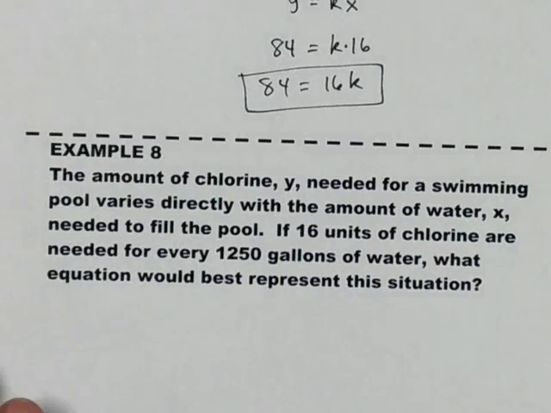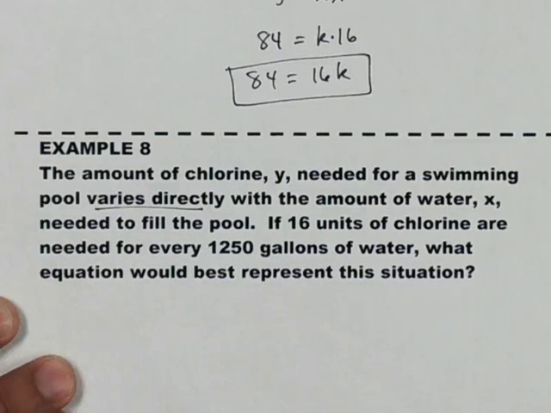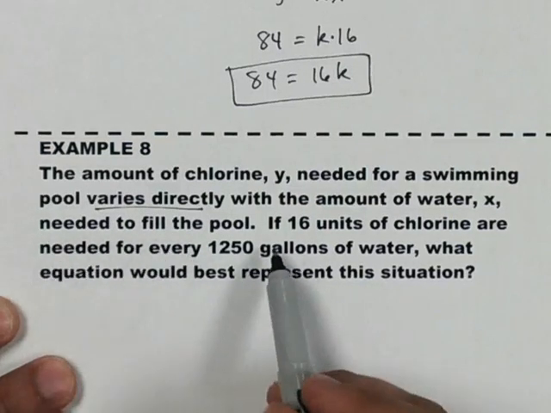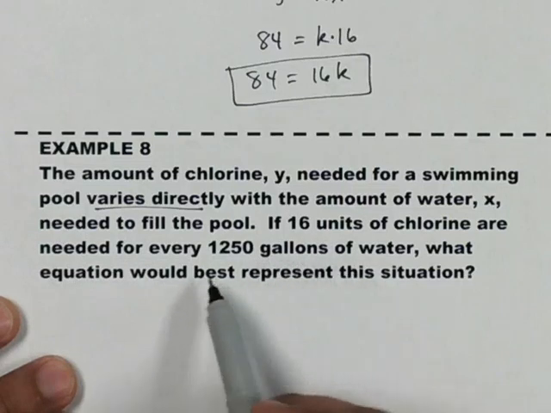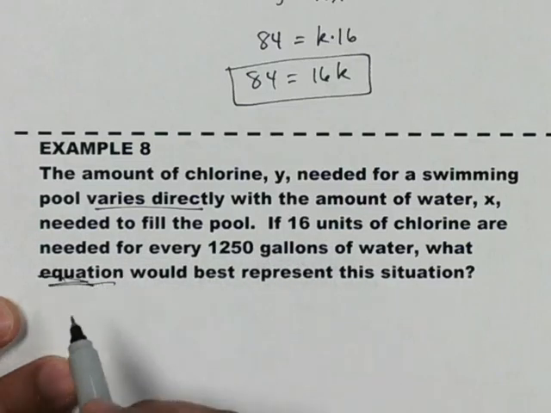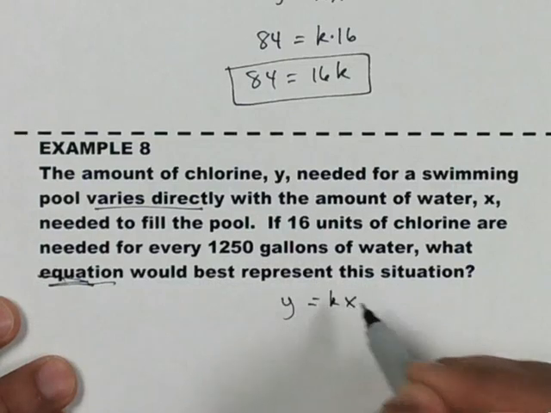All right, let's look at this last example. The amount of chlorine y needed for a swimming pool varies directly with the amount of water x. So there's that varies directly. To fill the pool, if 16 units of chlorine are needed for every 125 gallons of water, what equation best represents the situation? So again, it varies directly, so we're going to use that y equals kx.